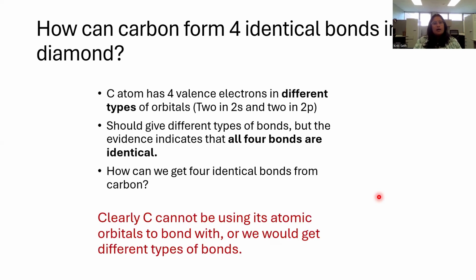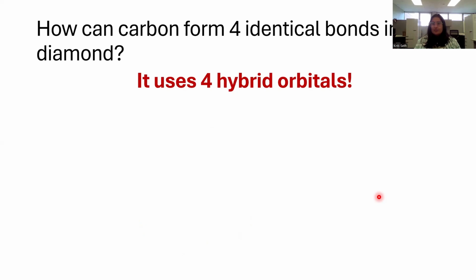Clearly, carbon cannot be using its existing atomic orbitals to bond with, or we would get different types of bonds. So here is where the big reveal comes in: hybridization. It uses 4 hybrid orbitals. Now, what are hybrid orbitals?